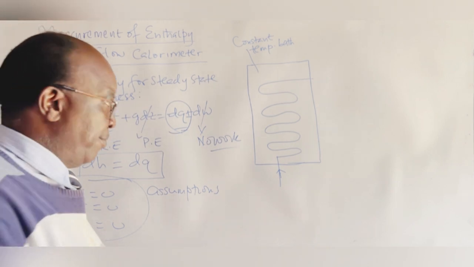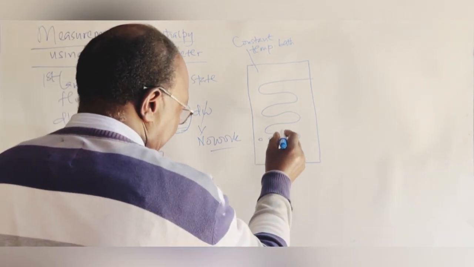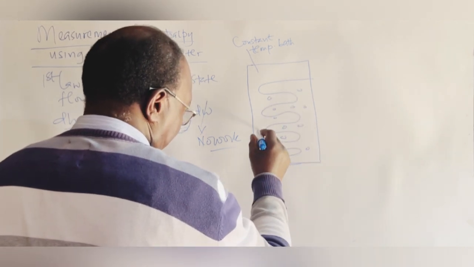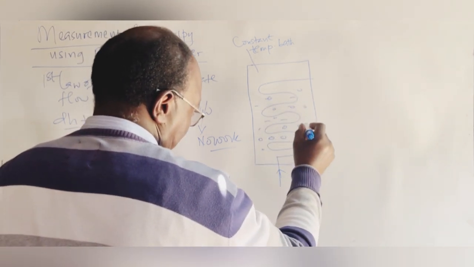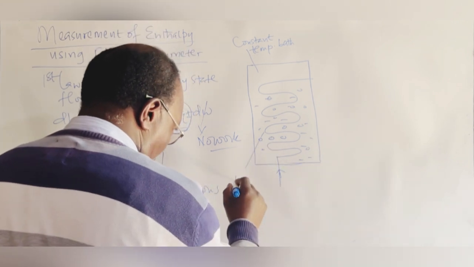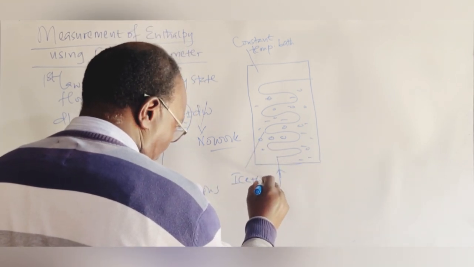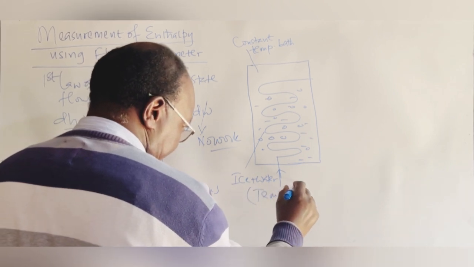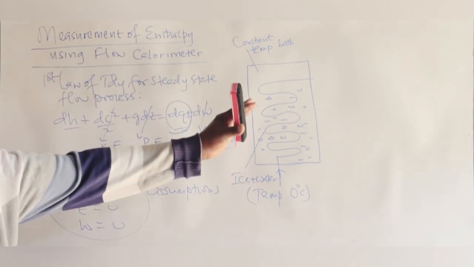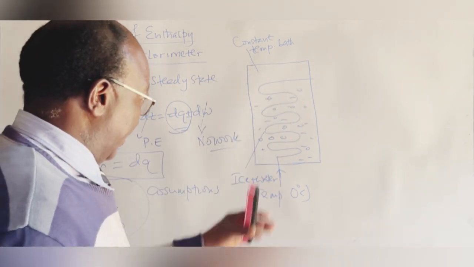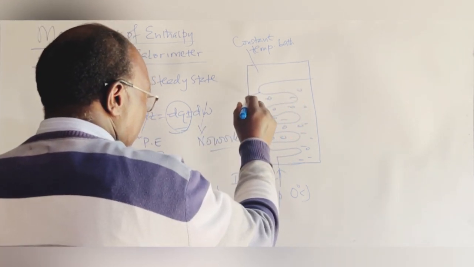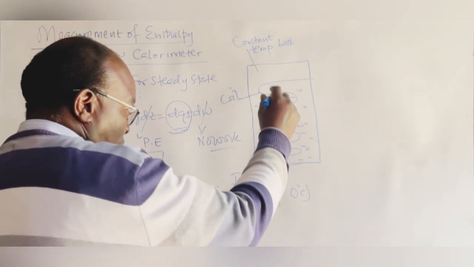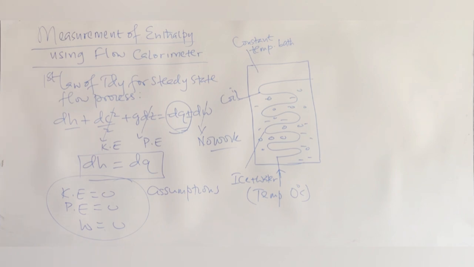So what we can do is have some ice mixed with water to keep the temperature at 0 degrees centigrade, so that the water flowing in this coil, this tubing, is maintained at 0 degrees.